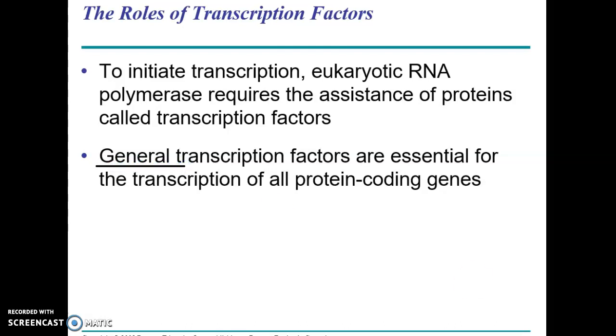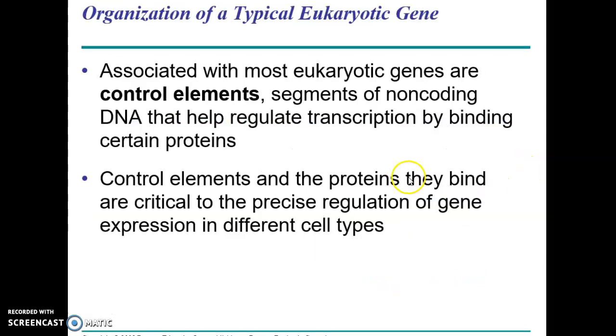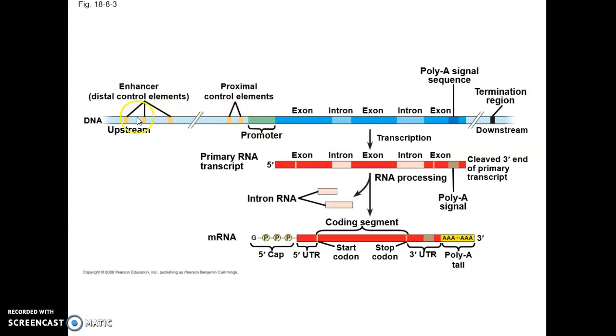Those are the ones that attach to the TATA box, call the attention of RNA polymerase, and allow transcription to start. But there's another type of transcription factor that we call specific transcription factors. Those are going to be the substances, the proteins that attach to these control elements.